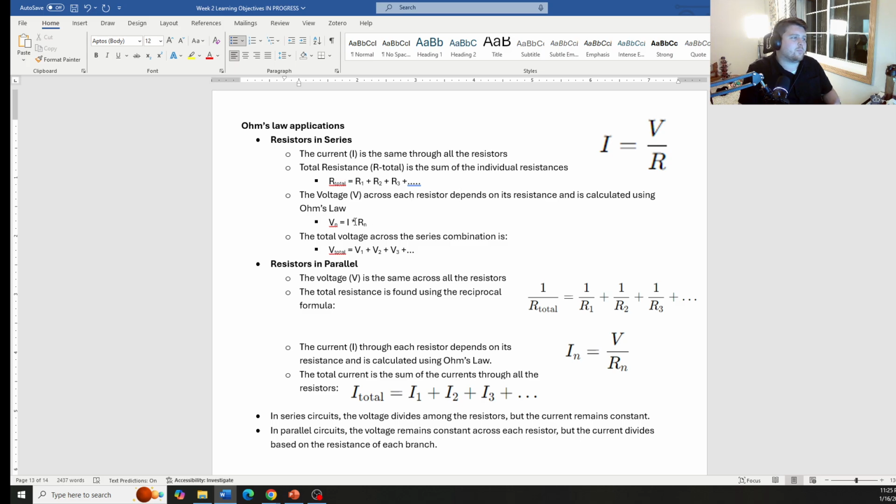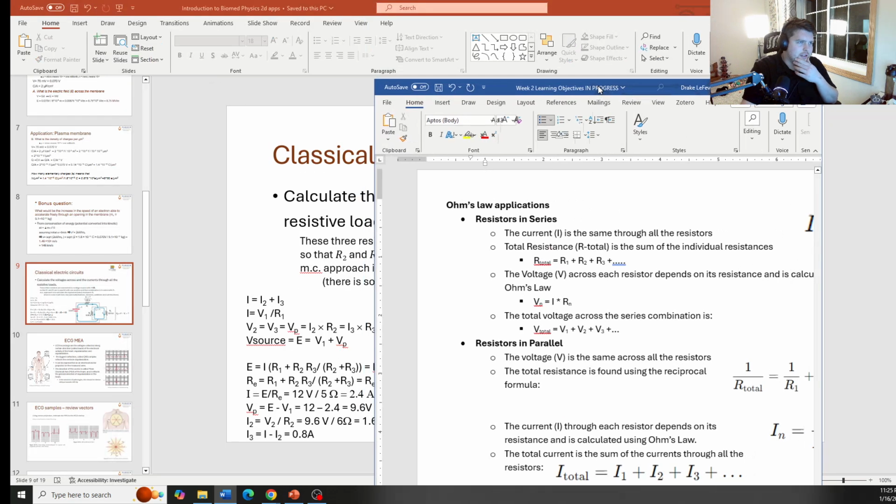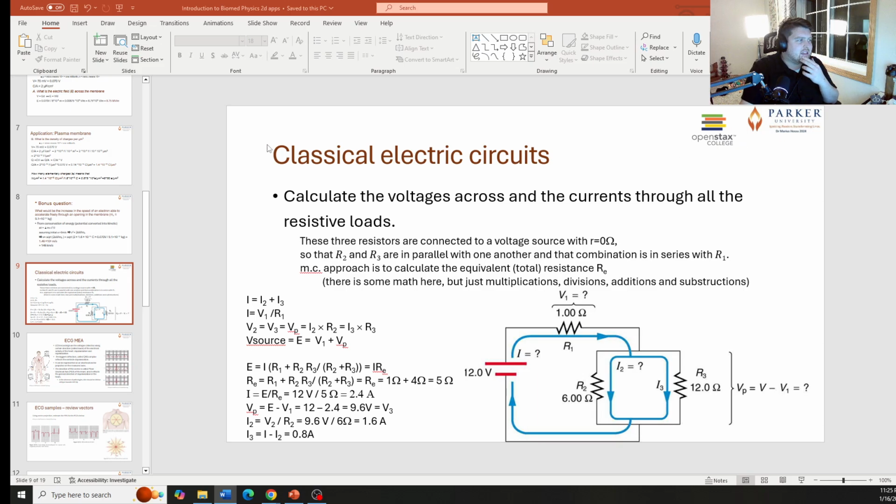So, with the application of Ohm's law, this is the equation this professor decided to give us, talking about all of this stuff. Essentially, a voltage source with resistors both in series as well as parallel.